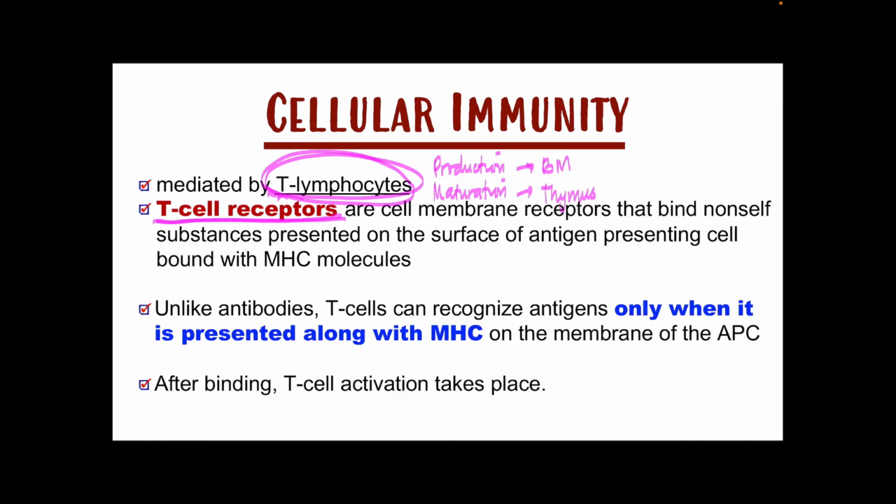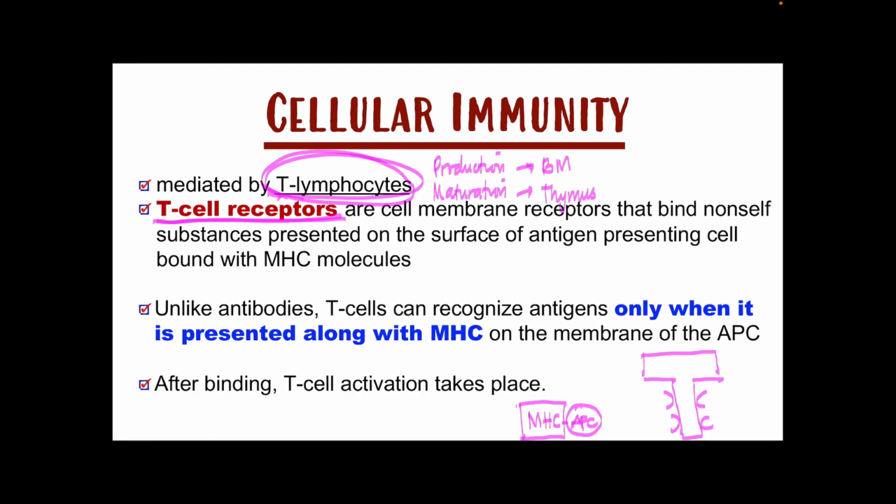These are cell membrane receptors that bind to non-self substances presented on the surface of antigen-presenting cells bound with MHC molecules. For example, you have here a mature T cell. Again, it has membrane receptors here. Those receptors will be recognized by the antigen presenting cell, which is attached to an MHC molecule.